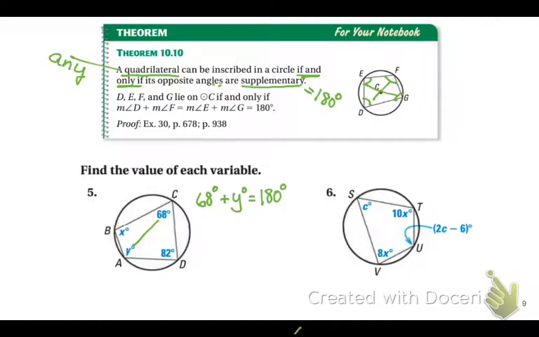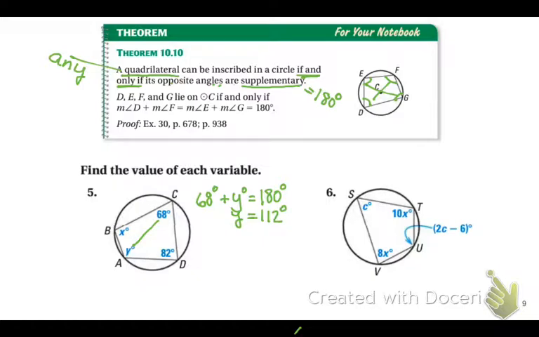Subtract 68 from both sides, and Y becomes, sorry, I had this written down so I didn't have to do it on the fly. Y is equal to 112 degrees.